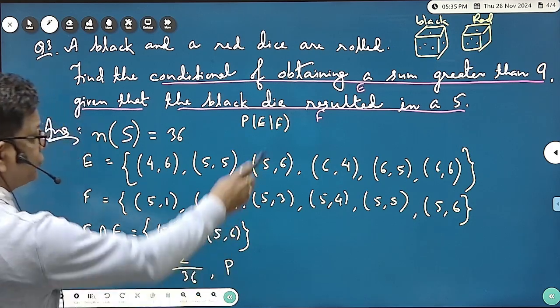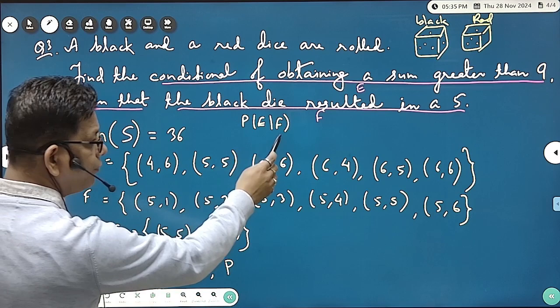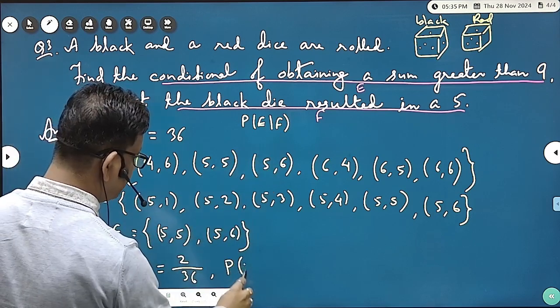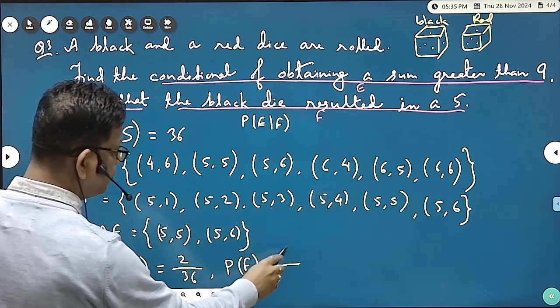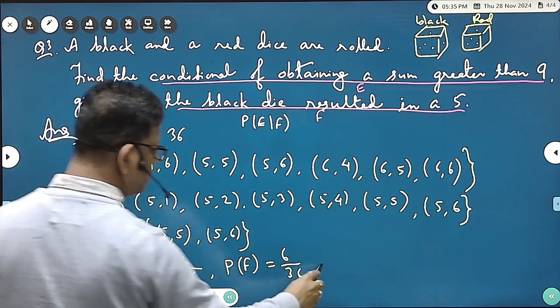What else is needed? P of F is required. How many outcomes are there in F? 6 out of 36. Now can you get the answer?